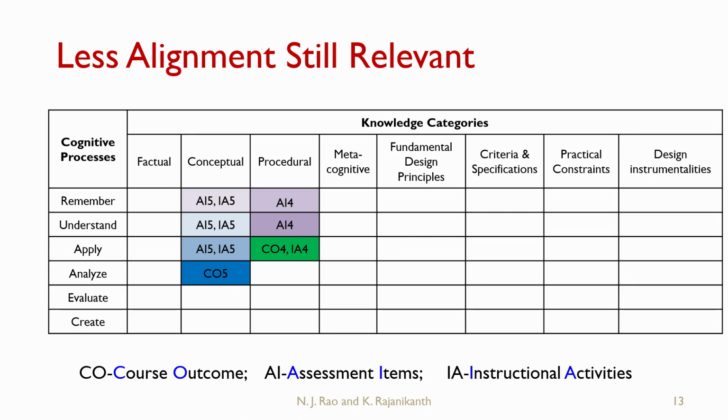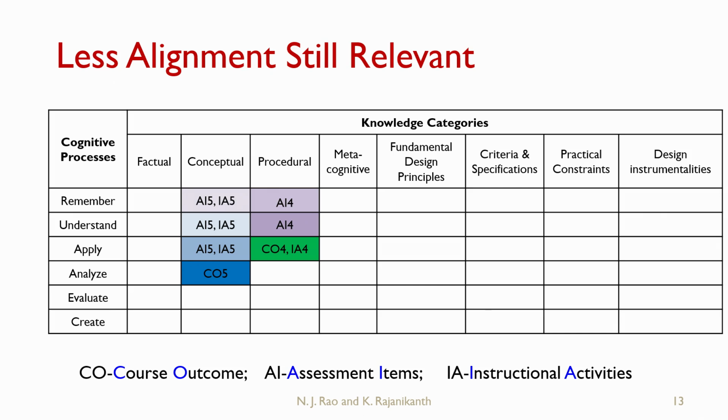Let us take IA5. The instructional activity is dominantly in the apply category, but not in the analyze category. That means CO5 and IA5 are not in complete alignment, but still that activity is relevant, though less aligned. Similarly, you can have IA5 in the understand conceptual category, and also IA5 in the remember conceptual category.